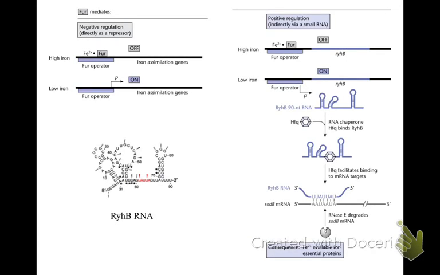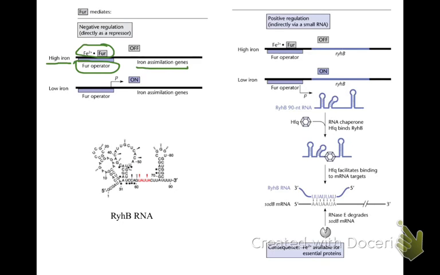So I just want to recap. This is a figure from your book. And again, if we have high iron concentrations, the Fer protein will bind, and it's activated, and it will bind to the Fer operator, and it will repress transcription of iron assimilation genes.